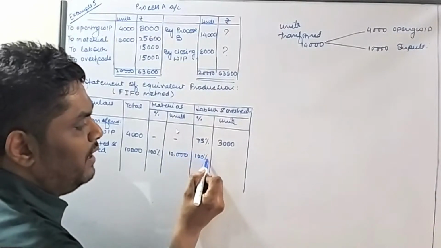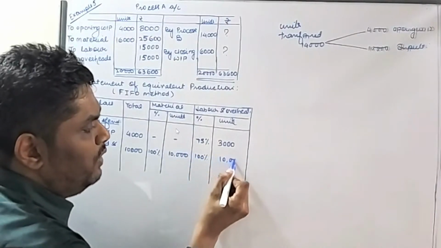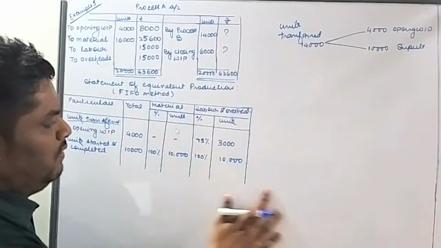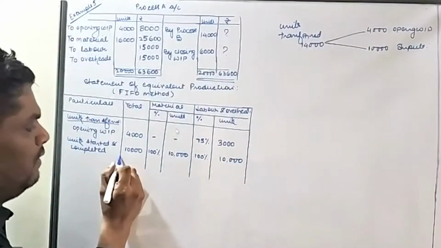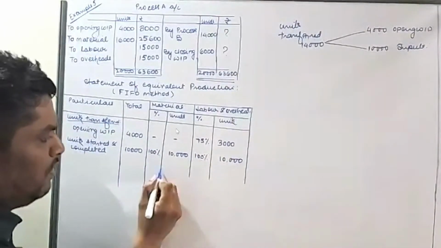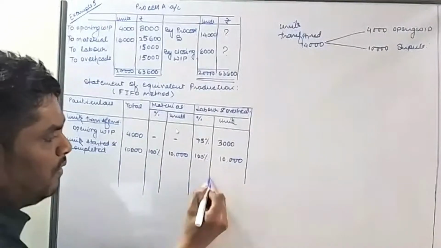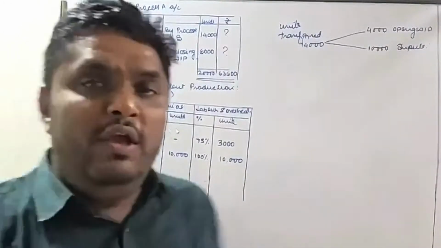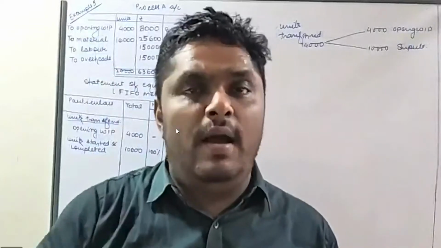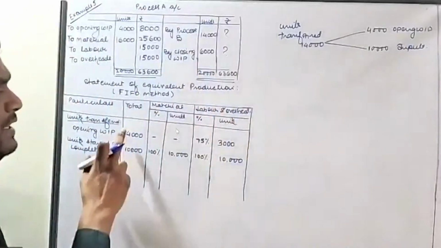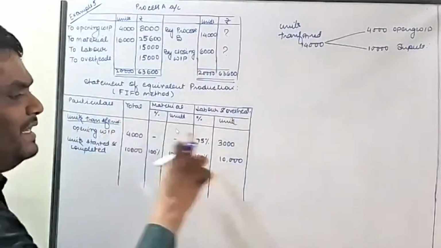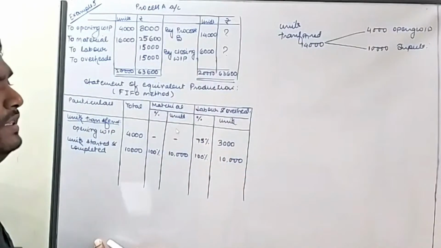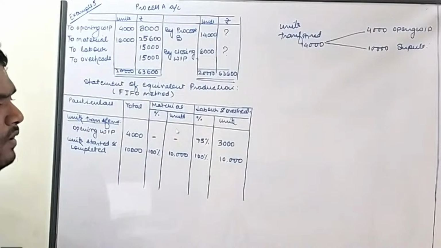Because these units are 100% processed during the year only, so 10,000. So the story of units that are transferred is complete now. So 14,000 units were transferred and these are the equivalent number of units for 14,000 if we are applying FIFO method.